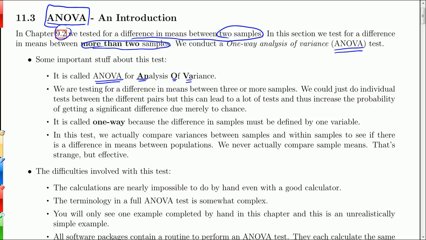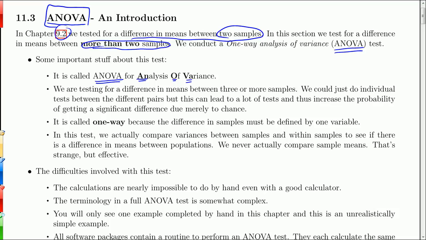What we could do is just run a collection of individual two-sample comparisons. But the problem is that if we have many more than three samples, that results in an awful lot of two-sample tests. And when you start doing a whole lot of these tests, it does increase the likelihood of getting a significant difference just due to random variation.